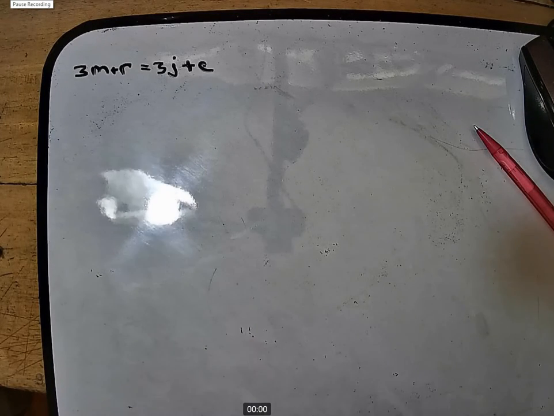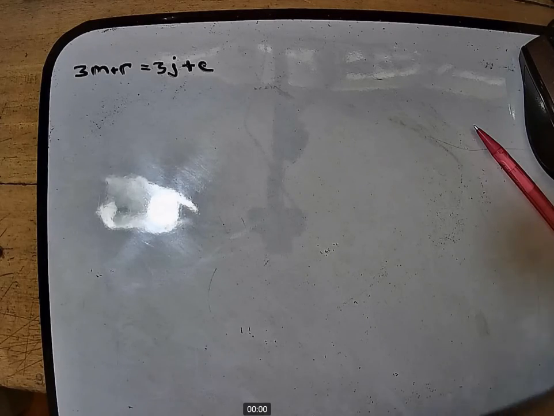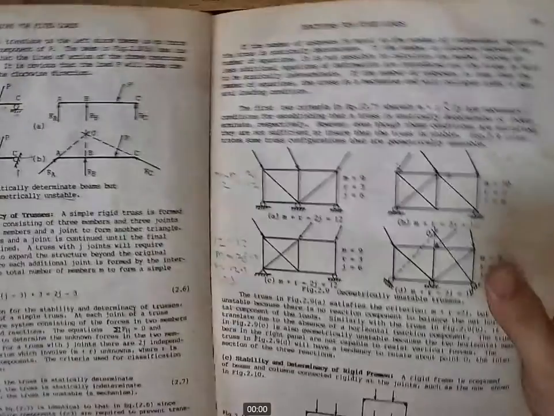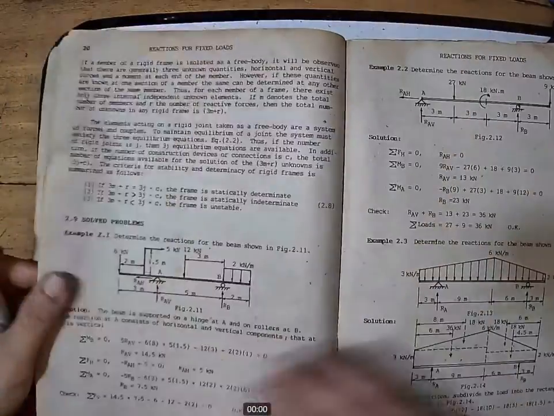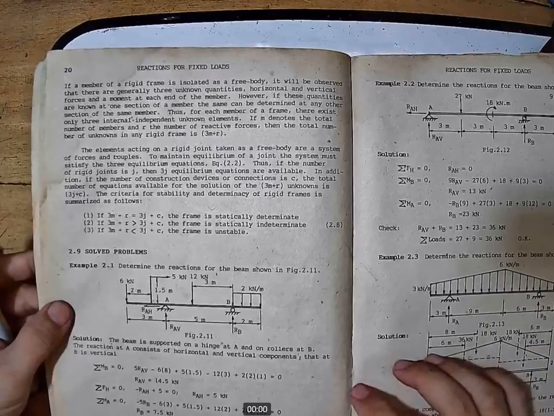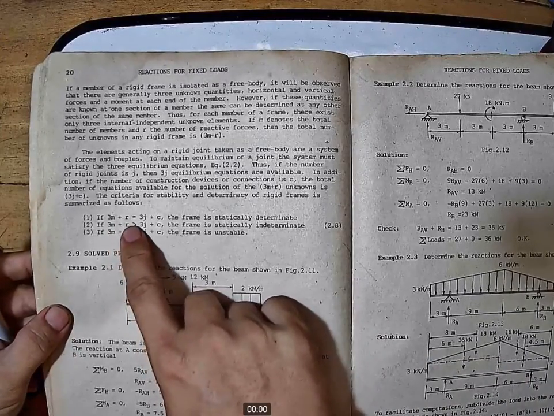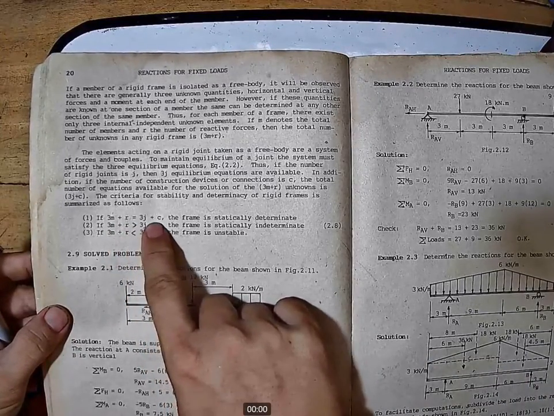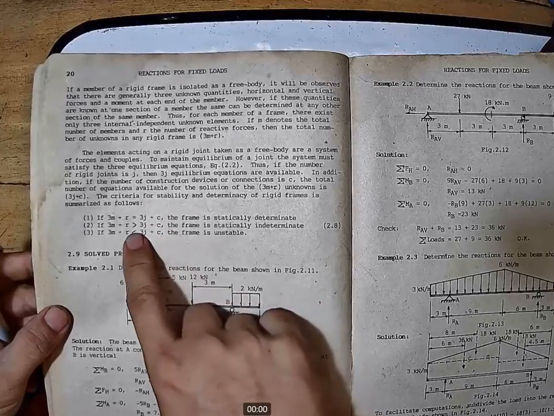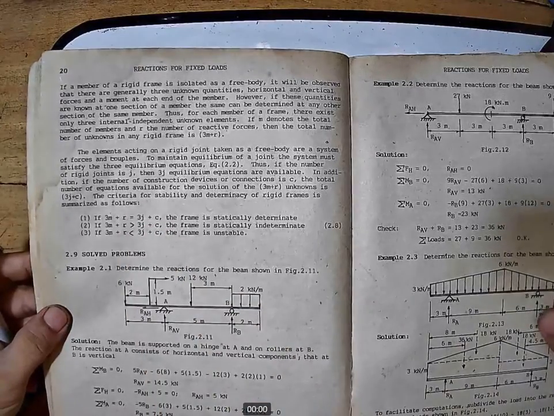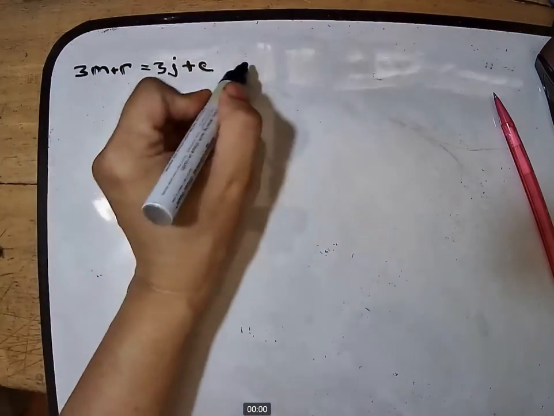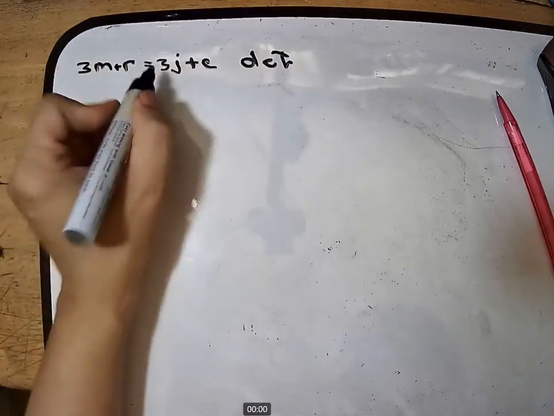Okay, so for a frame to be determinate, 3m plus r should be equal to 3j plus c. If greater than, it is indeterminate. If less than, unstable. Okay? So, this is determinate.